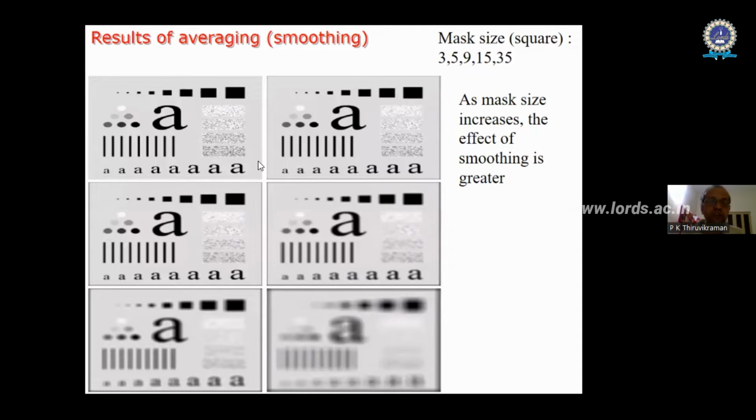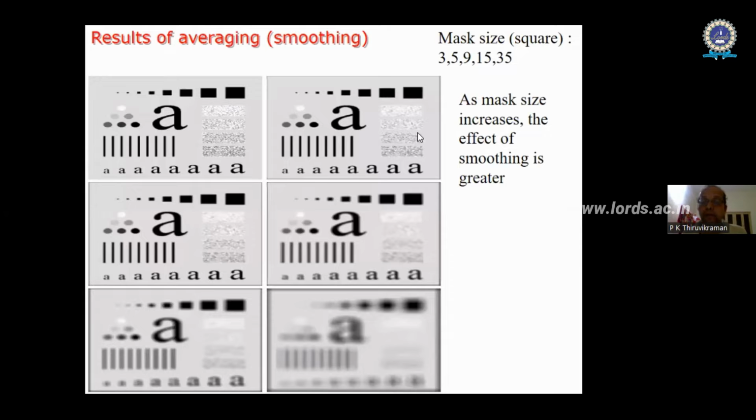Another intuitive way of understanding is take, for example, this region where it looks like noise, and you have these black dots. Suppose I have a black dot, and surrounding that is a white region. I do averaging. Essentially, the black dot will almost disappear because it will be replaced by a much larger value, which is the average of all the pixels within the mask.